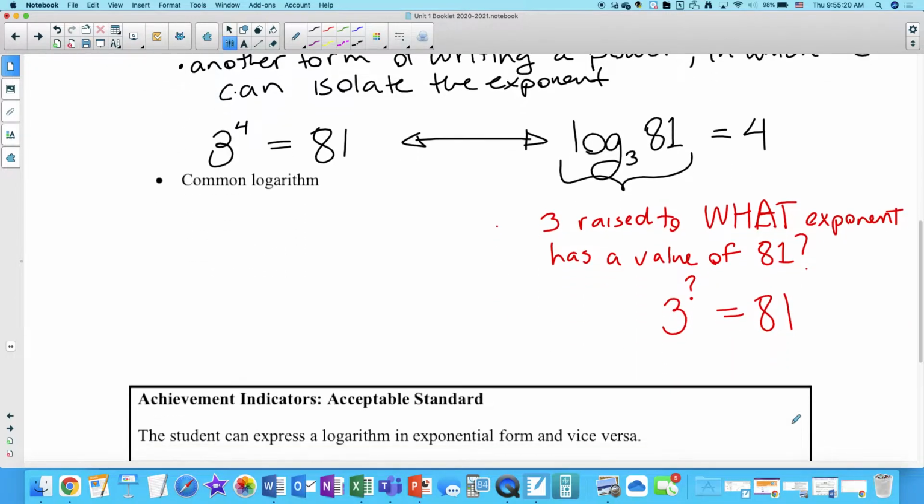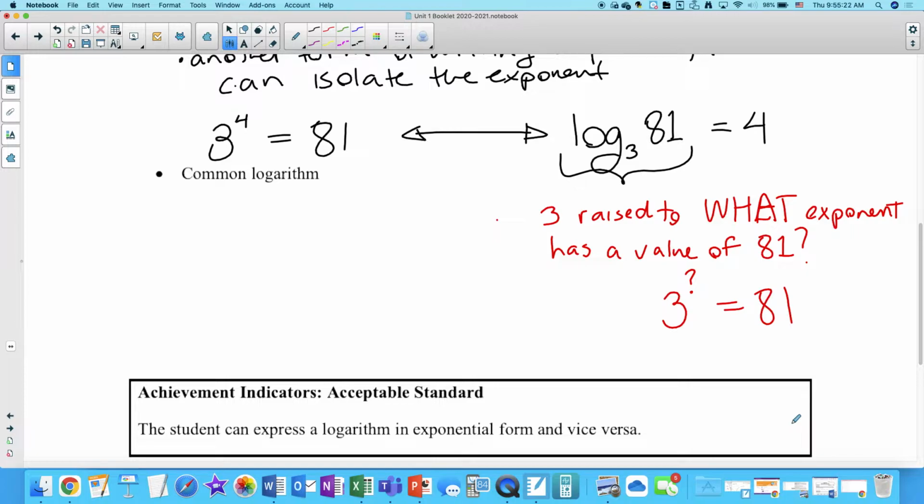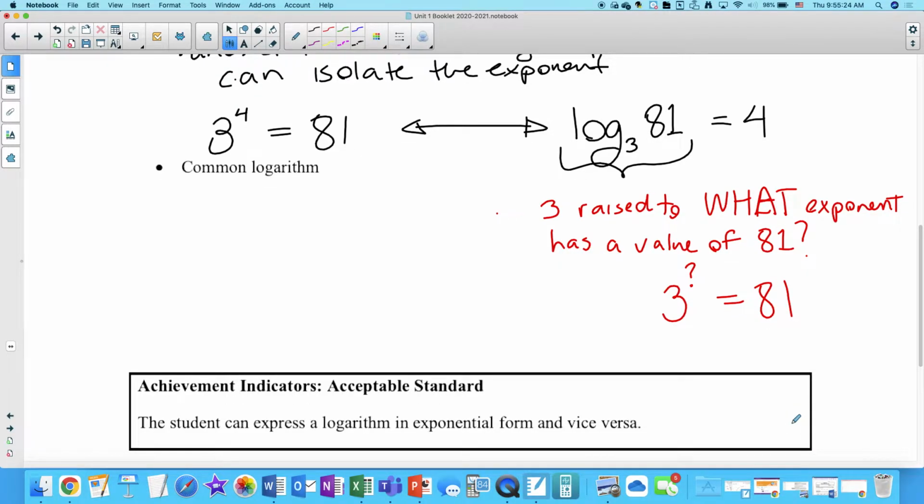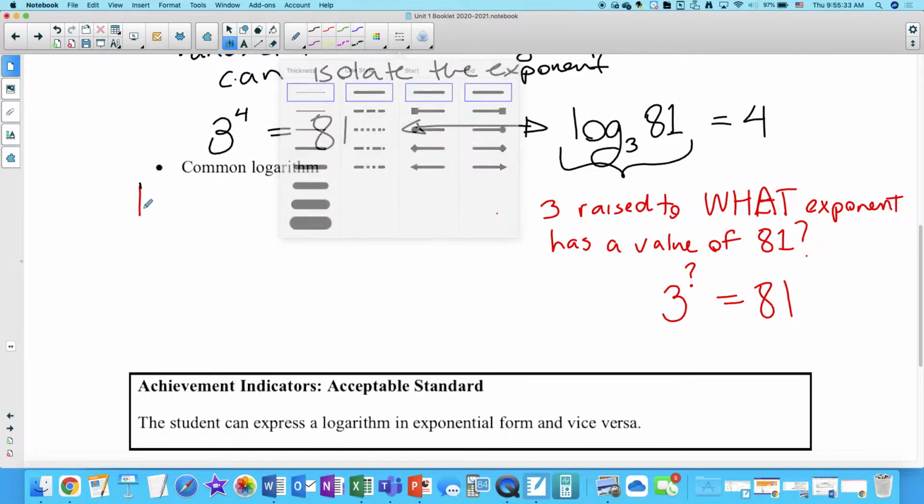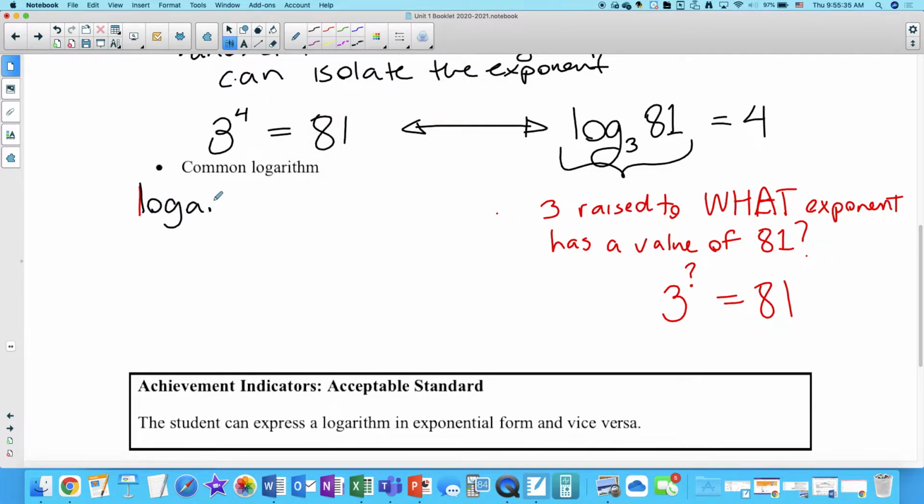A common logarithm is a logarithm that uses base 10. Now, when you are dealing with a common logarithm, you don't actually have to write that little number down there.